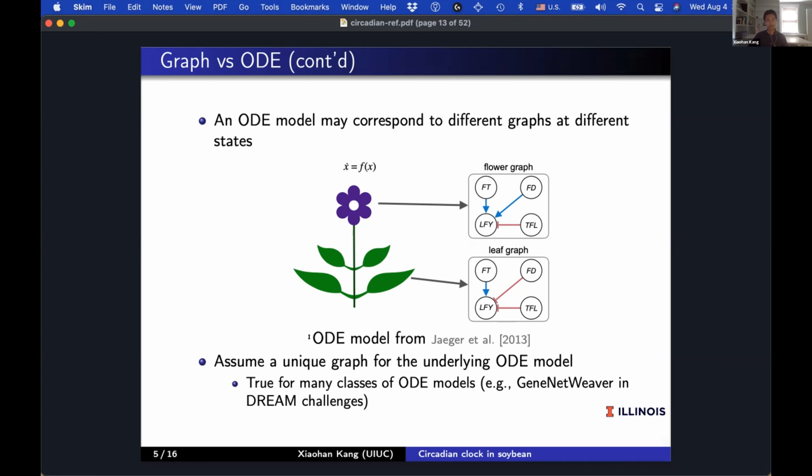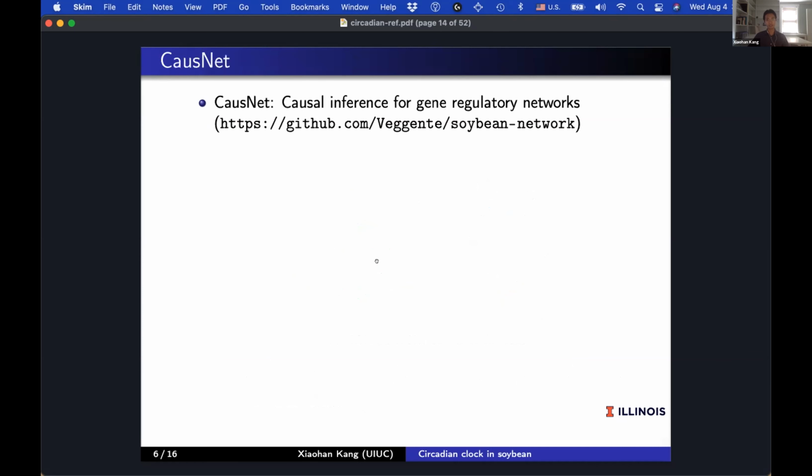So now that's the assumption, and we just want to figure out what the unique graph is for our plant, and we developed this COSNET, which uses algorithms based on sparse linear dynamical models that Yoshi just mentioned.